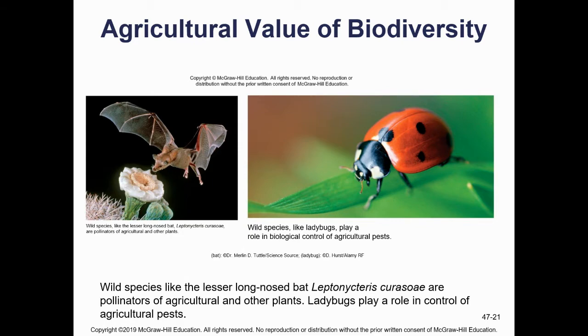So within agriculture, we also have the value of not just the plants that we grow, but biodiversity adds value to that through things like pollinators. So natural pest control means are ladybugs. They like to eat aphids and other agricultural pests.